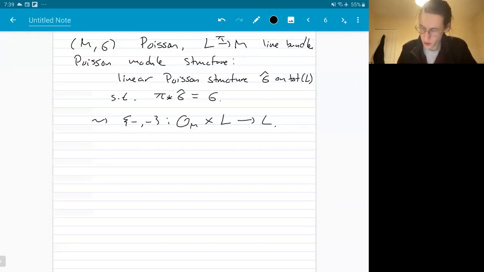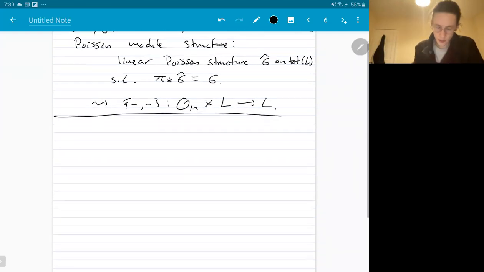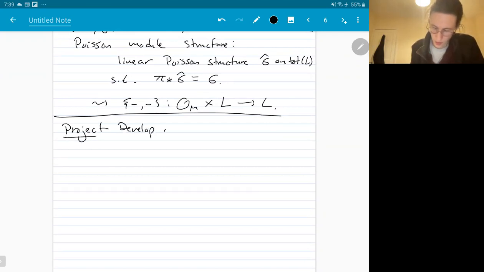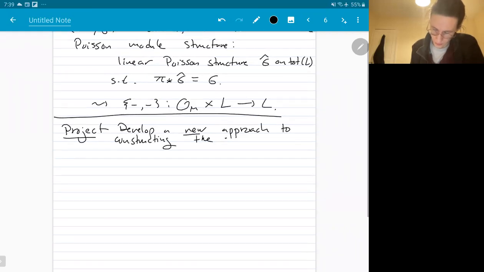Okay, so what this project is about is that we're trying to develop a new approach to constructing the category of branes.